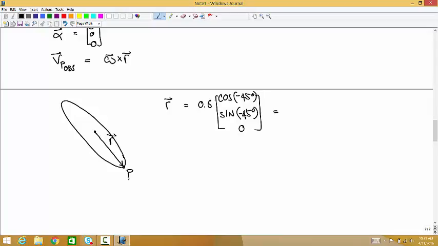Can someone multiply that out? You can just multiply one of these. Okay, so 0.42426. This one's negative.